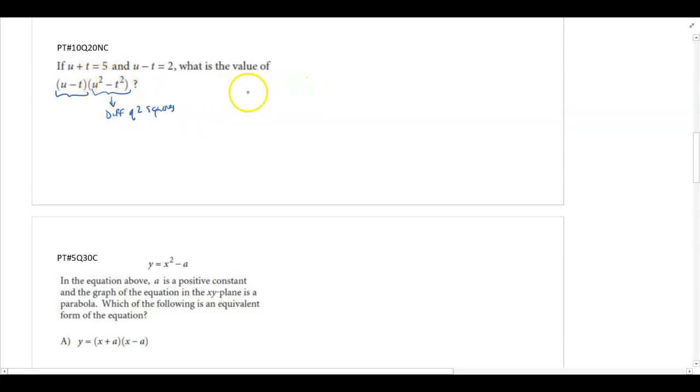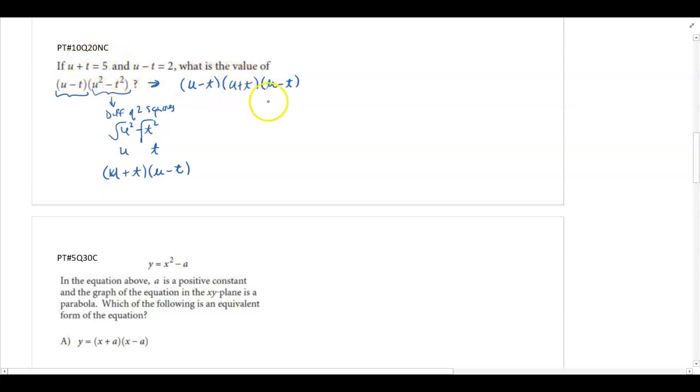So right away, when I go to factor u squared minus t squared, I'm going to take the square root of both, which is u and t, and then that will factor out to be u plus t times u minus t. So now this expression translates to u minus t times u plus t times u minus t.